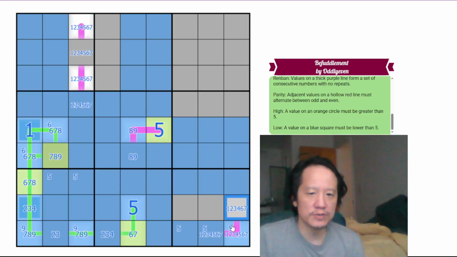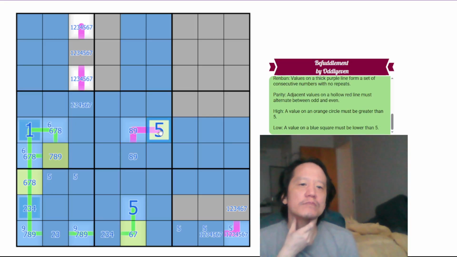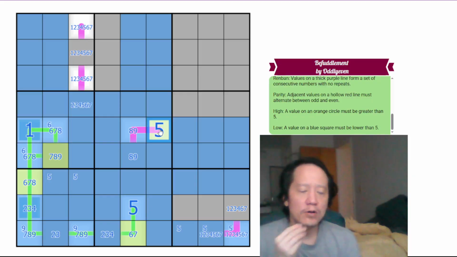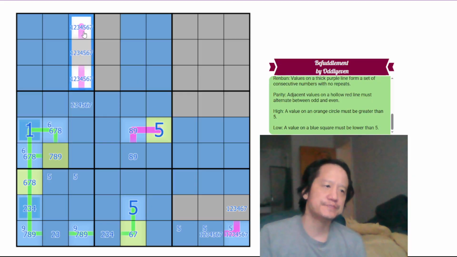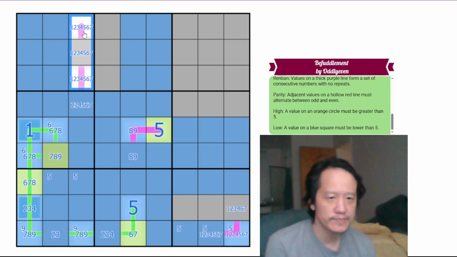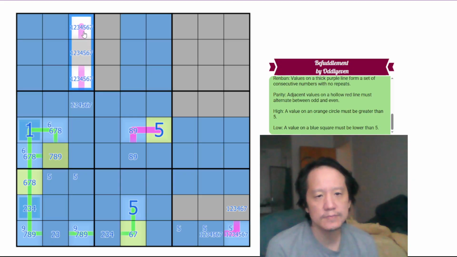This could be doubled. So this is 8-9 pair to be with 10. One of these is doubled. We don't know which.